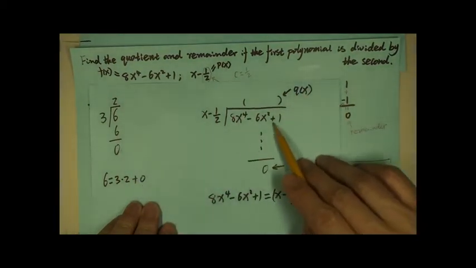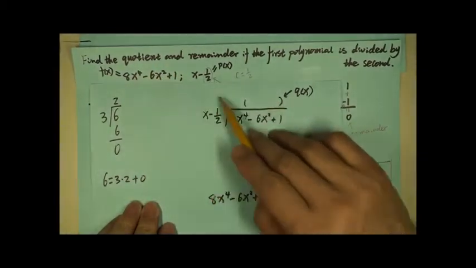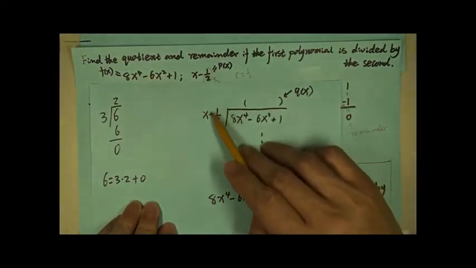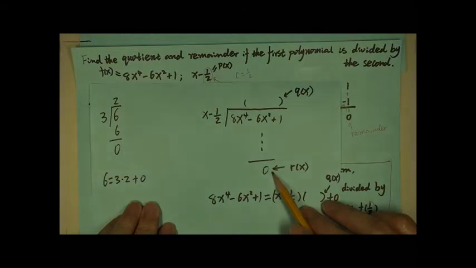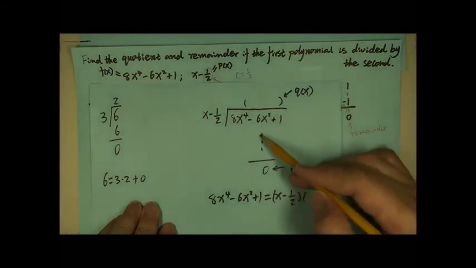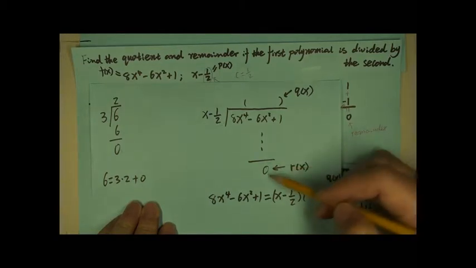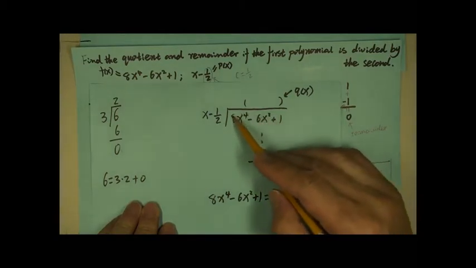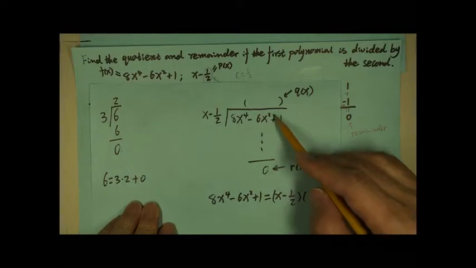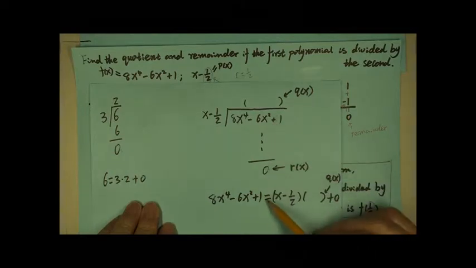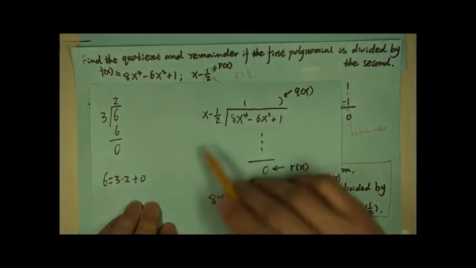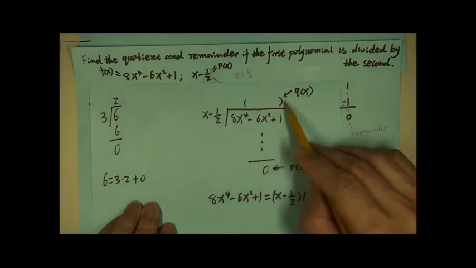So here this one, divided by p of x, you know the remainder is 0 already. You didn't calculate the things in between, but you know the remainder is 0. If you know the remainder is 0, you can write this expression equals, like 3 times 2, x minus 1/2 times q of x.